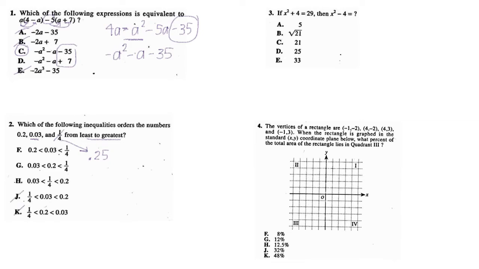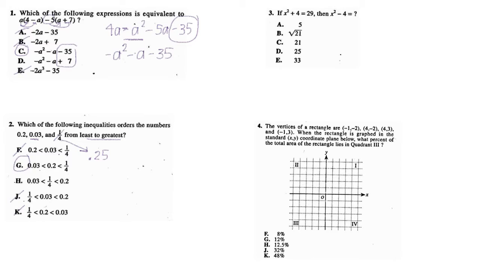So I would toss out everything that does not have 0.03 first. And then notice 0.25 being compared to 0.2. So now we have to decide which of those two would be smaller. And notice 0.2 is definitely smaller than 0.25. So my answer choice should be G.